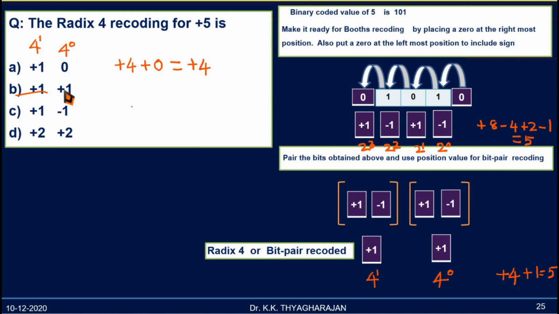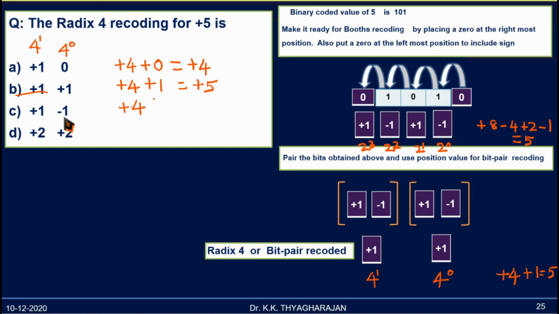In this case, you have plus 4. That is, 1 is the value. The position value is 4. So 1 into 4 is plus 4. Then plus 1 into 1 is equal to plus 5. Then if you take the third option, this is plus 4.